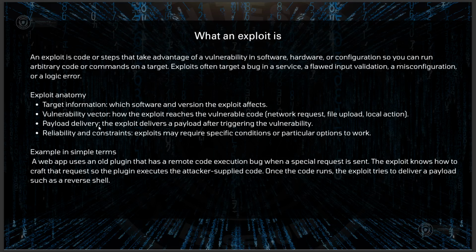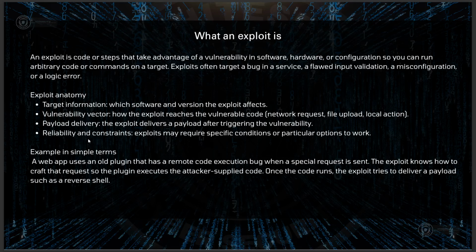Payload delivery: the exploit delivers a payload. This is what I said in the last class. First it checks for the vulnerability, then it tells you that it's vulnerable, then it starts exploiting using the payload. The exploit delivers a payload after triggering the vulnerability.